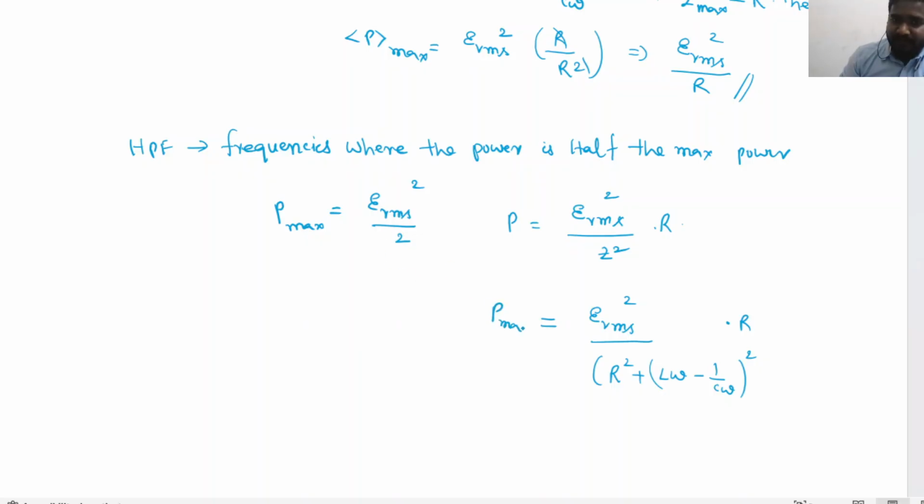So P max divided by 2, where the maximum power is E RMS square divided by resistance R. Now here you can see.